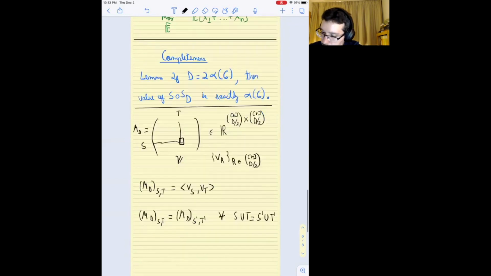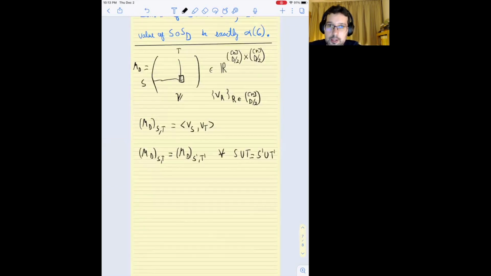That's the SOS symmetry. And we also need to respect the constraints of the independent set, so M_d(S,T) is going to be 0 whenever the union is not an independent set in our graph.